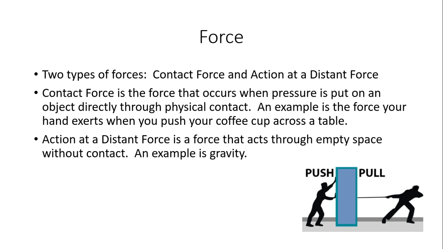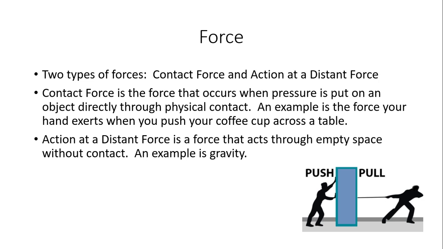For example, if you were to have a rubber ball or something inflatable, let's say a beach ball, that makes it better and easier to demonstrate. So if you had a beach ball and you put your hand and push down on the top of that beach ball, that is contact force.